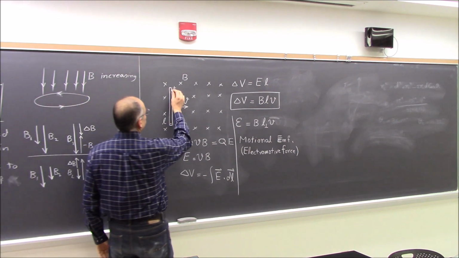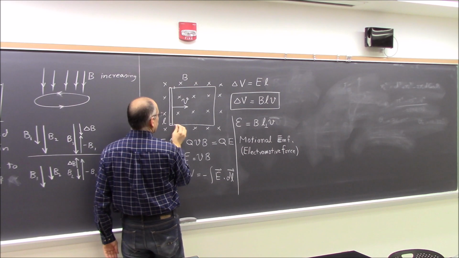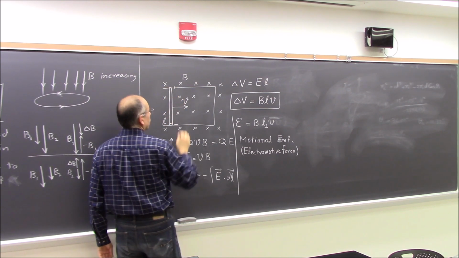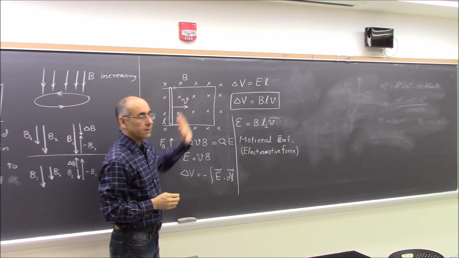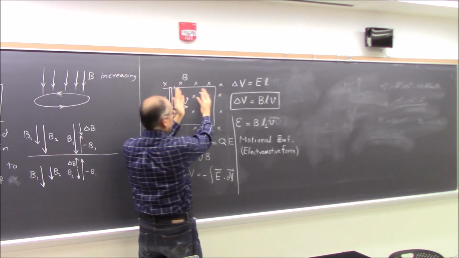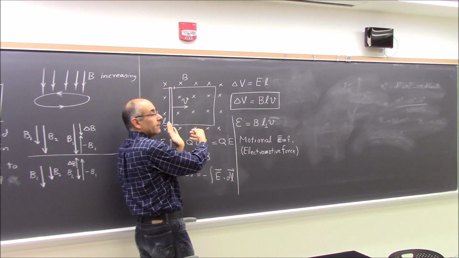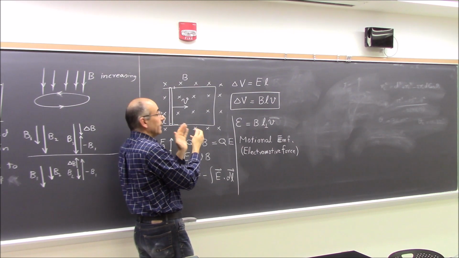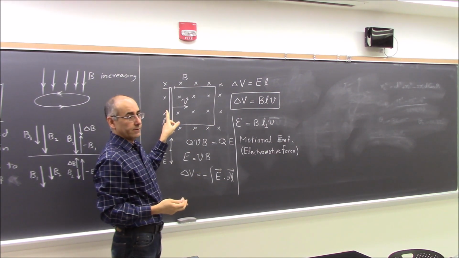Another way you can look at it is if you consider this as part of a loop. Let's say there's a conductive rail here, and this is moving on these rails. And the flux through this is changing. This is a loop of wire. The flux through it is changing, and because of the change of flux, you have EMF around the loop.